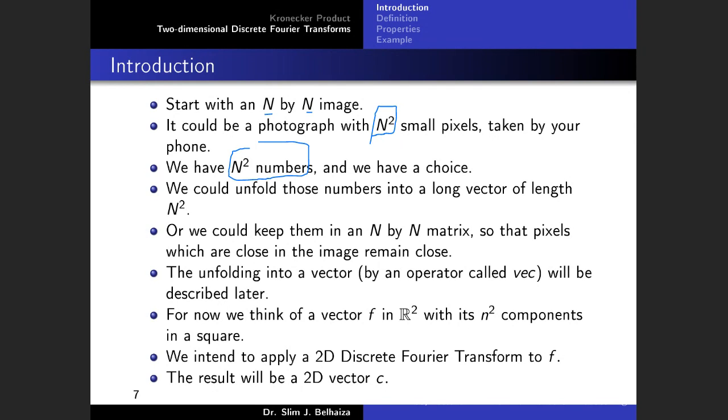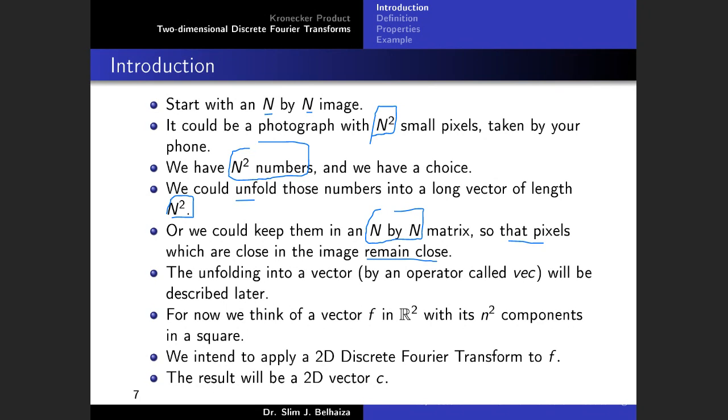And we have a choice. What is the choice? We could unfold those numbers into a long vector of length n squared, or we could keep them in an n by n matrix, so that pixels which are close in the image remain close.